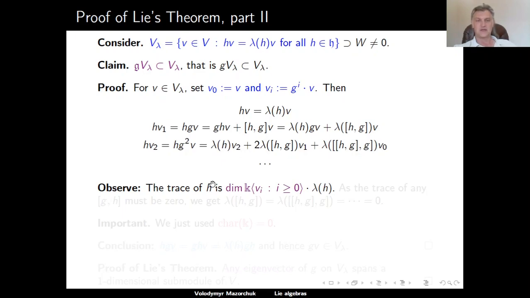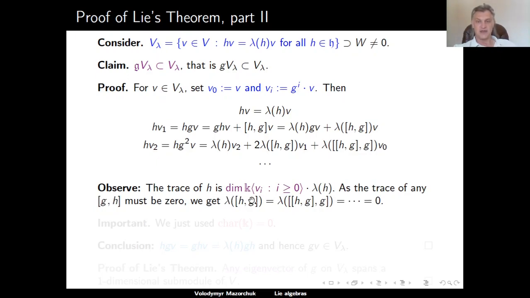So the trace of the linear operator h on the vector space given as the linear span of all the V_i's is equal to lambda of h, the diagonal element, times the dimension of this vector space. But we know that the trace of any commutator of linear operators must be 0.